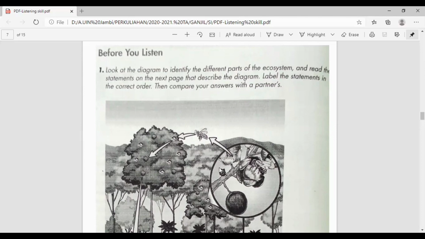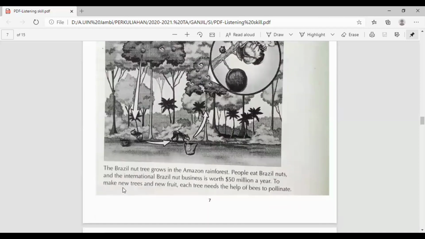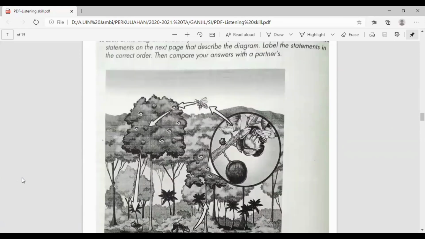This is the diagram. The Brazil nut tree grows in the Amazon rainforest. People eat Brazil nuts, and the international Brazil nut business is worth $50 million a year. To make new trees and new fruit, each tree needs the help of bees to pollinate. Please study this diagram first.